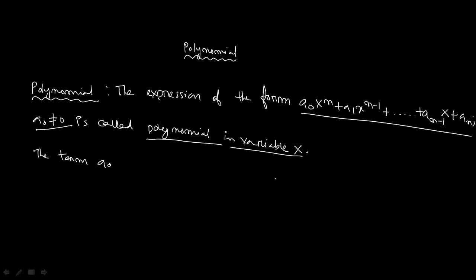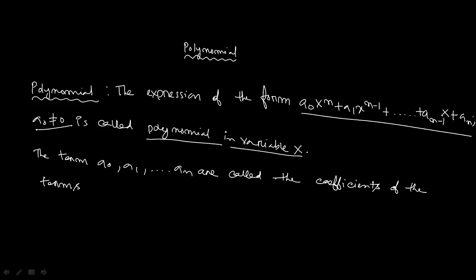The terms a0, a1, up to an are called the coefficients of the terms of the polynomial.